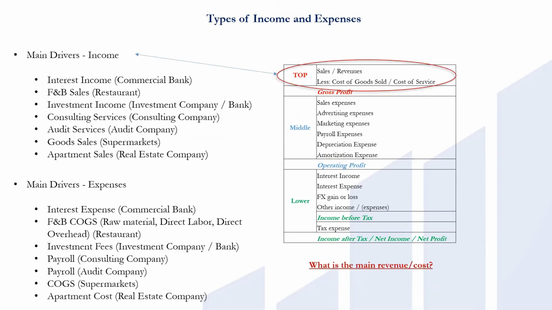Whenever we deduct the top parts from each other, we're going to have a key figure that is called the gross profit. So the gross profit is how much profit we made out of the main drivers of the business.